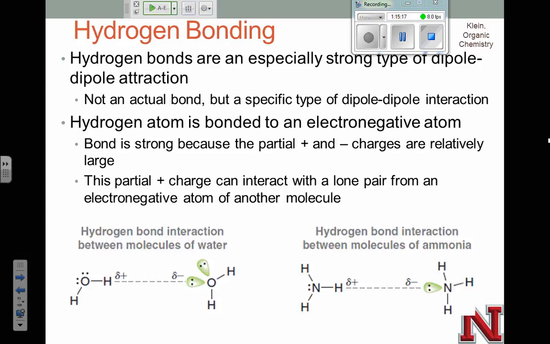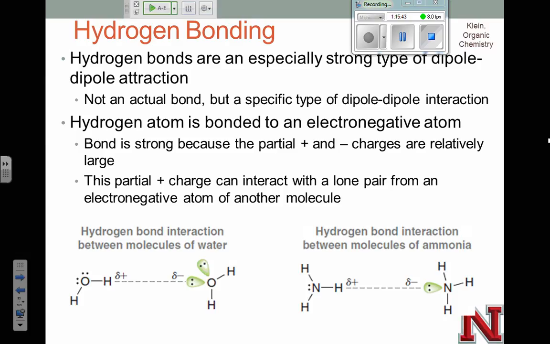For something to be able to hydrogen bond, you need a hydrogen bond donor, which is a hydrogen attached to an electronegative atom like oxygen or nitrogen, or fluorine, but what we mostly see is oxygen and nitrogen. And then we need an acceptor, which is a lone pair on something like oxygen or nitrogen or fluorine. For something to be able to hydrogen bond with another molecule of itself, it has to have both acceptors and donors.